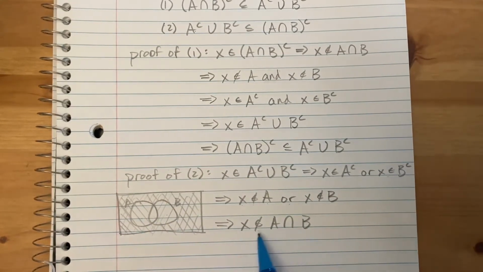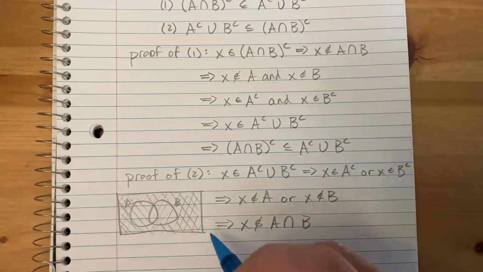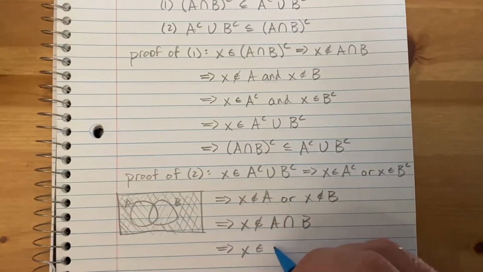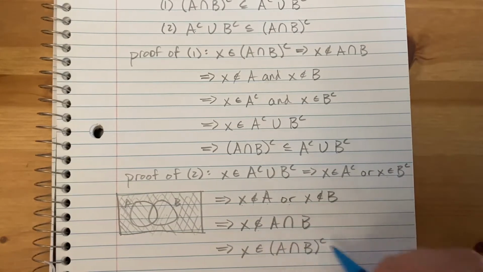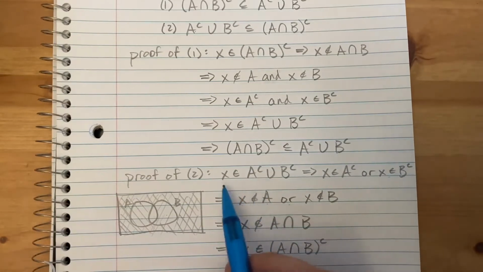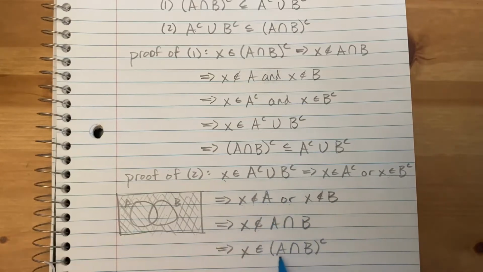Okay, so if X is not an element of A intersect B, then another way of saying that is X is an element of A intersect B complement. So now what we've proven is that any element X that's in this set is also in this set.